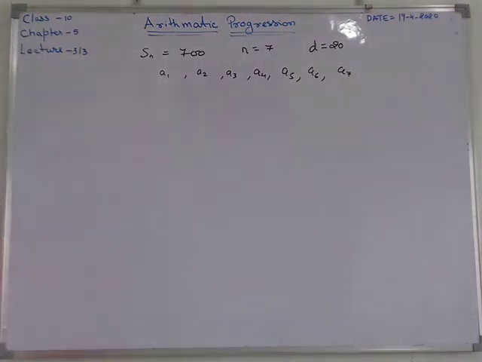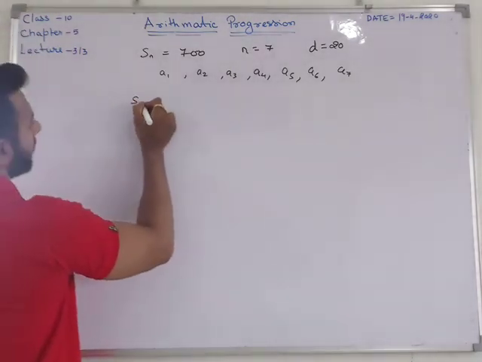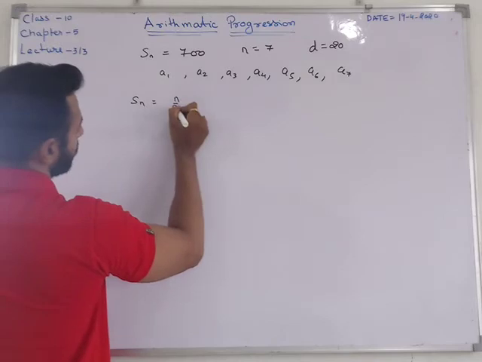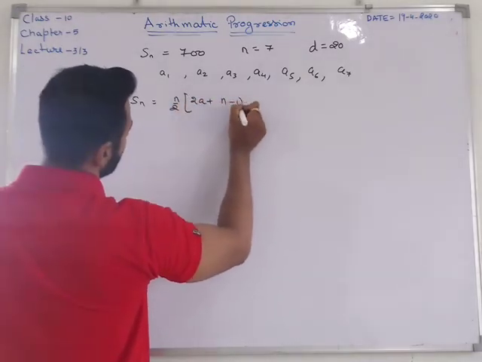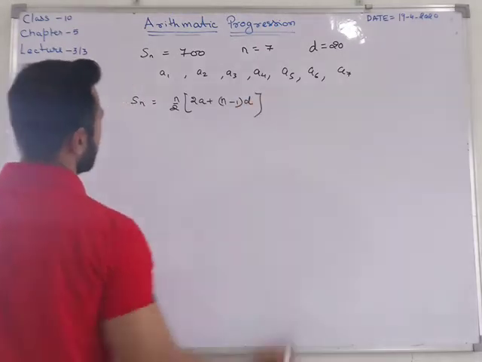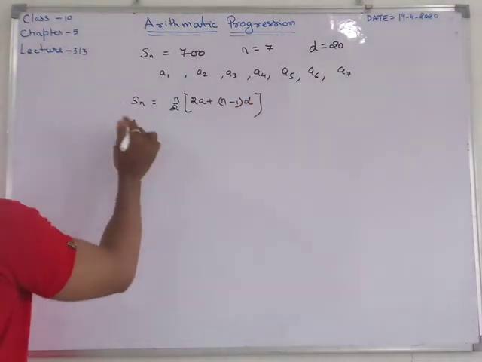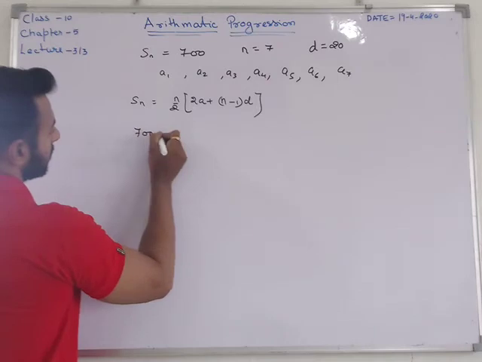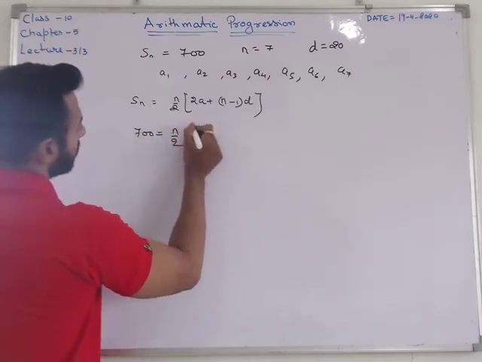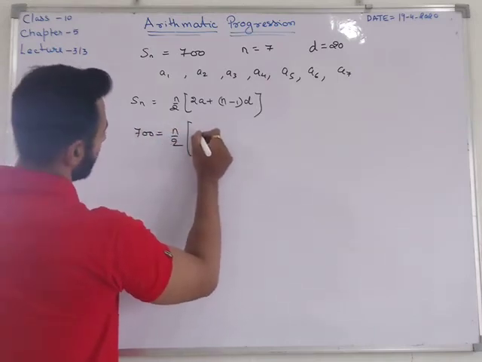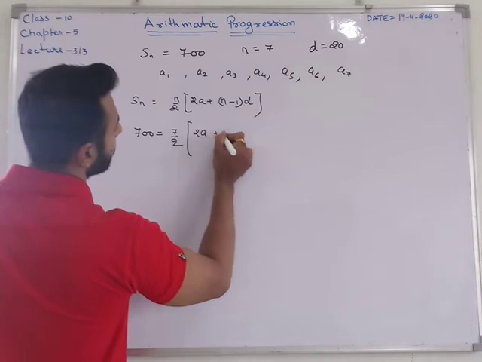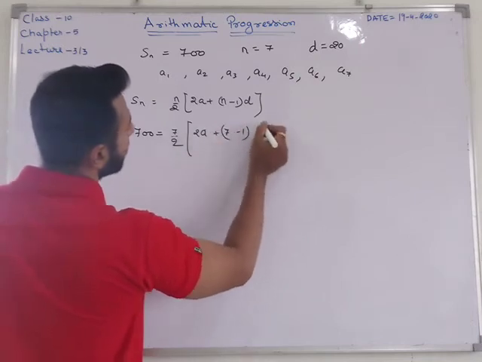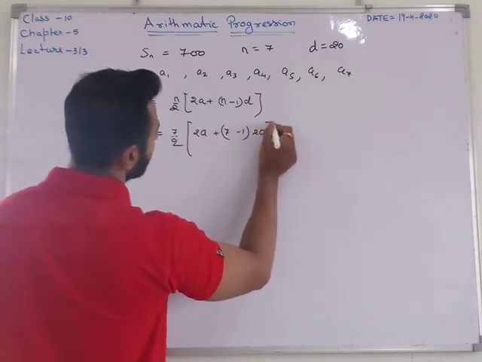Using the formula for sum, Sn is equal to n by 2 into (twice of a plus (n minus 1) into d). Sn is given, 700 is equal to n by 2 into twice of a. a we don't know, n is 7, 7 minus 1, d is 20.